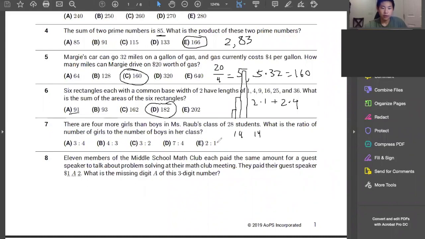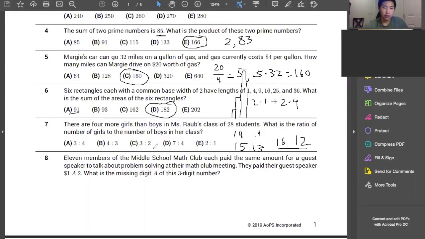And then for every girl we add, we also have to subtract 1 boy. So if we go to 15 girls, that'd be 13 boys, and a difference of 2. If we do that one more time, we will get 16 and 12. And that's the difference of 4 that we want.